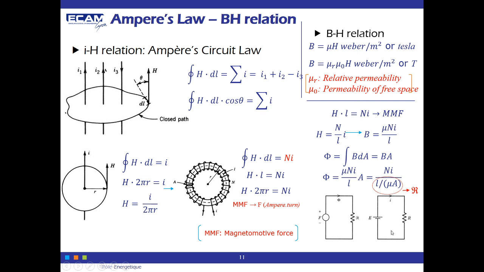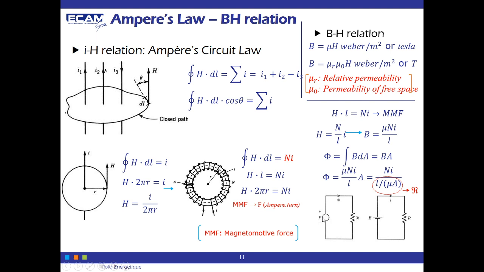Somehow, the right-hand side circuit is a simple electrical circuit where there is an electrical energy source, which is the electromotive force, and there is a resistor, and when you turn on the system, there will be current flow. Exactly the same analogy: there will be something physically not existing but theoretically existing, the reluctance.